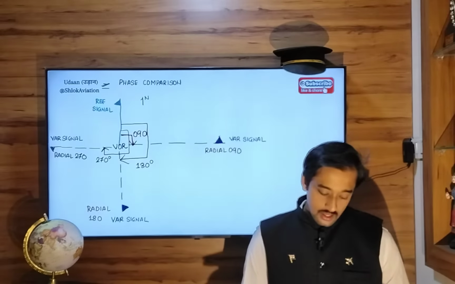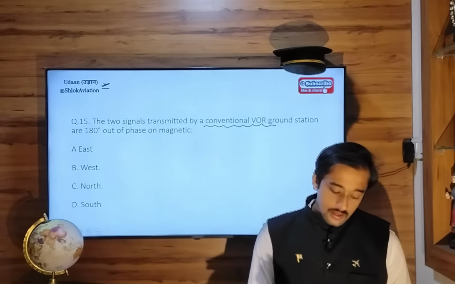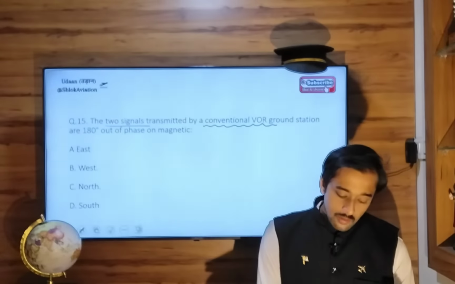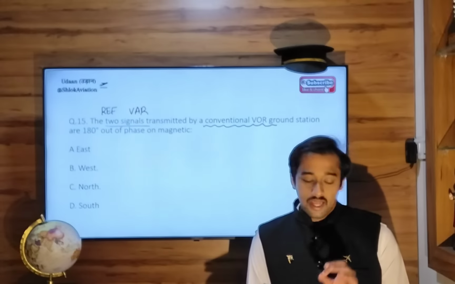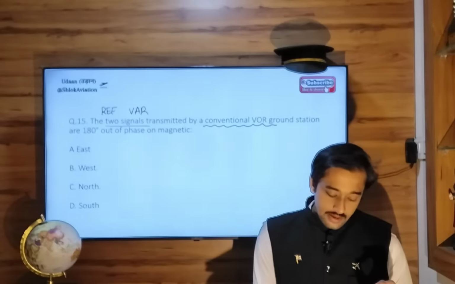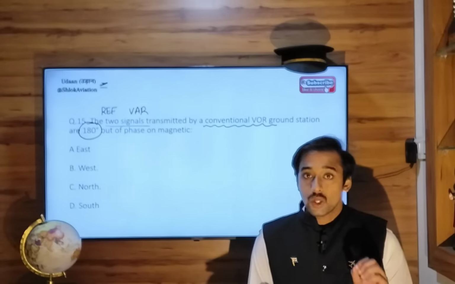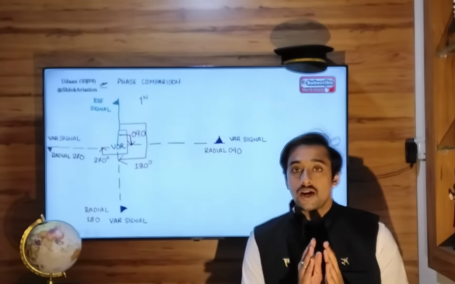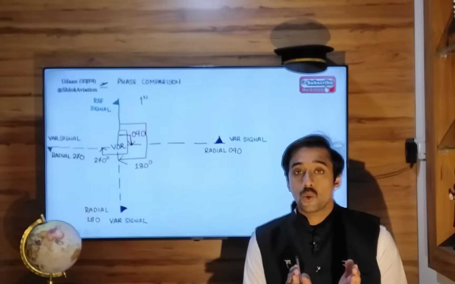Now in this question, we have been told that these two signals, they are talking about reference and variable, are out of phase at 180 degrees. Out of phase means what? When these two signals are away from each other, they are not coinciding.